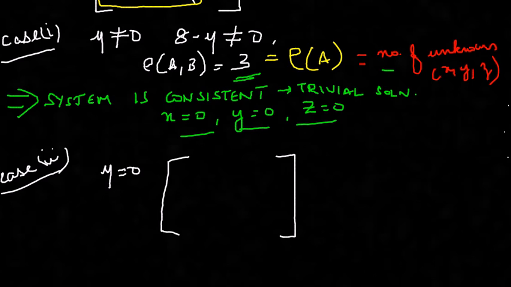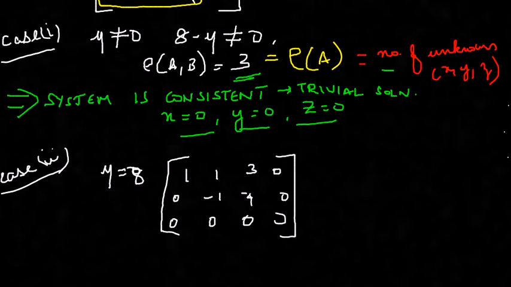Let me write it down. It will be 1, 1, 3, 0, 0, minus 1, mu minus 12. So I am assuming mu is 0, so it's minus 12, 0 and 0, 0. I'm assuming mu is equal to 8 here. So 8 minus 12 will give me minus 4 here, and 0, 0, 8 minus mu, since mu is 8, this becomes 0, 0.